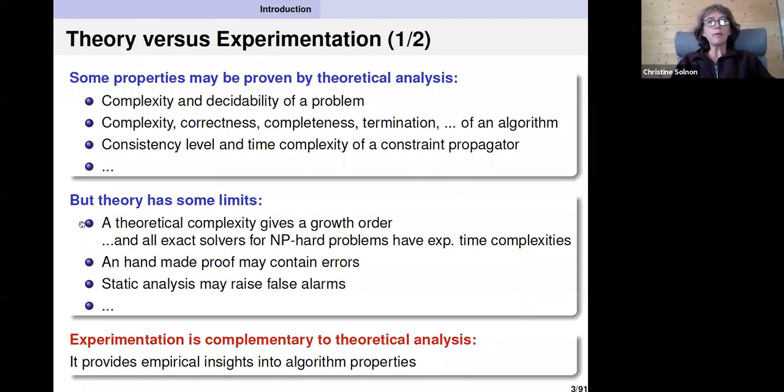And when we solve NP-hard problems, a major limit is that all exact algorithms have exponential time complexities. But in practice, we know that some algorithms are very efficient, or at least much more efficient than other algorithms. So the only way to see which one is the best is to perform experimentations. So experimentation is really complementary to theoretical analysis.